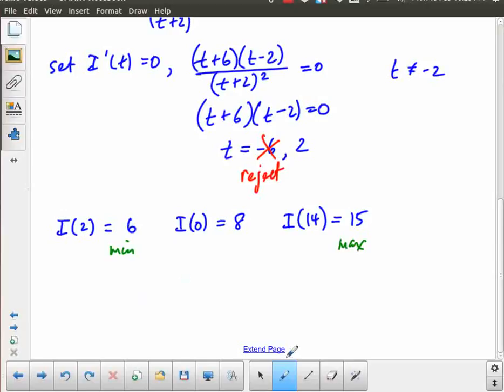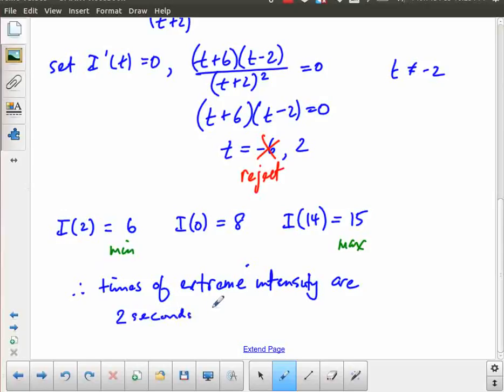And so, therefore, the times of extreme intensity are, let's see, this one is at 2 seconds, and that one was a minimum, and 14 seconds, and that one was a maximum.